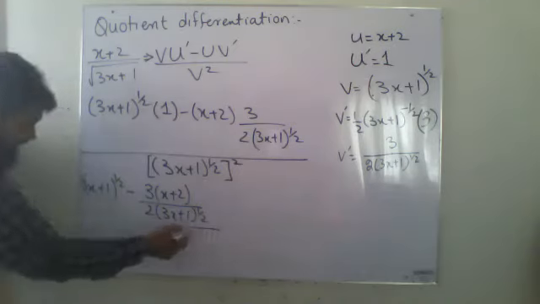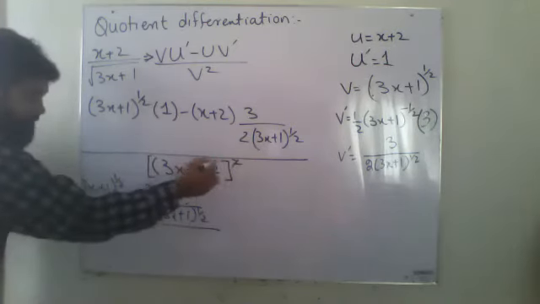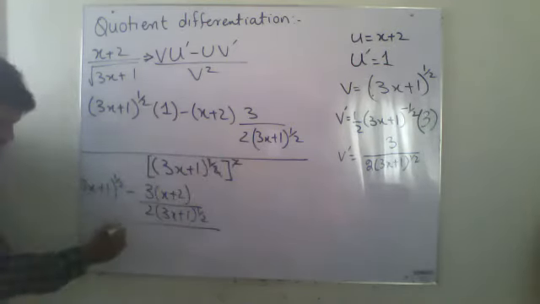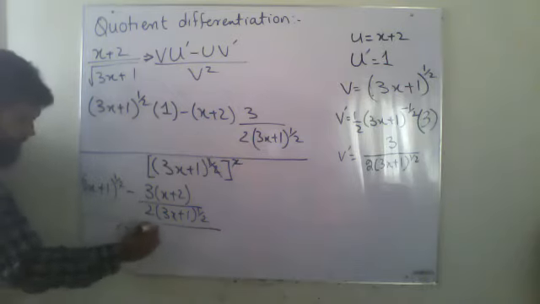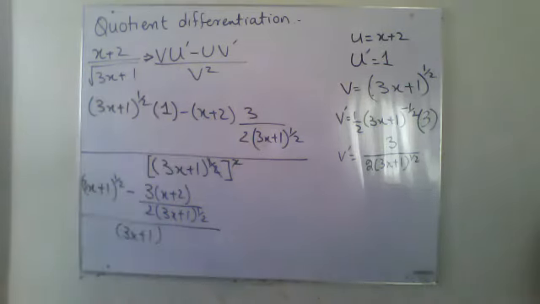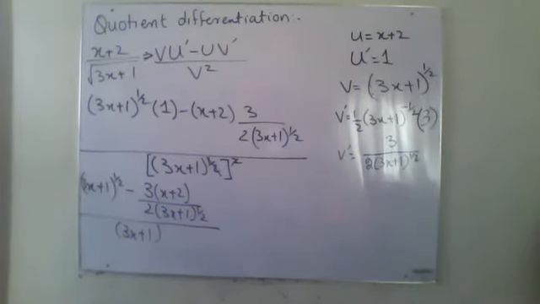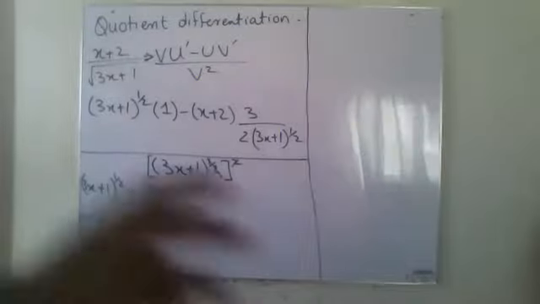Divided by square, and this will be cancelled. So 3x plus 1 will be my answer till this point. It is not completely solved. Till this point, this is my solution.